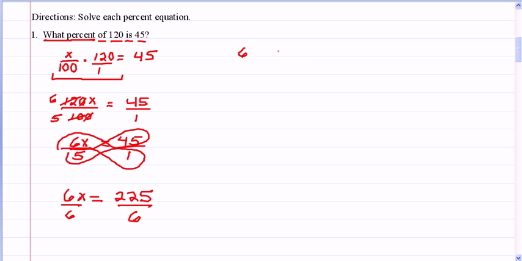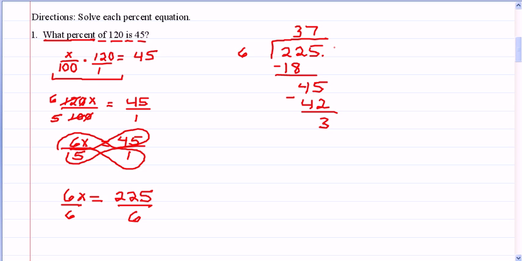So on the side, I will take 6 and divide it into 225. 6 divides into 22 3 times, and into 45 7 times, and I will add a 0, bringing up the decimal point to make this 30, and 6 divides into 30 5 times.